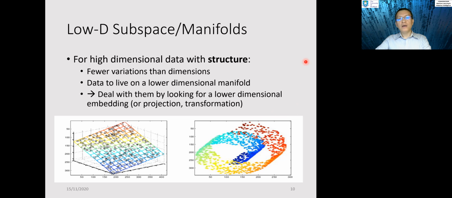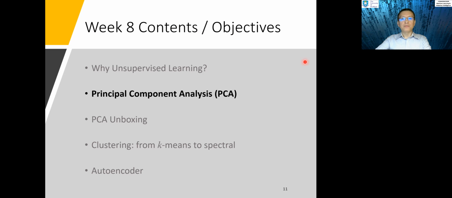So that is why we want to do one of the fundamental unsupervised learning tasks called dimensionality reduction. And in the next session, we will look at the most fundamental model for this task called principal component analysis, or PCA.